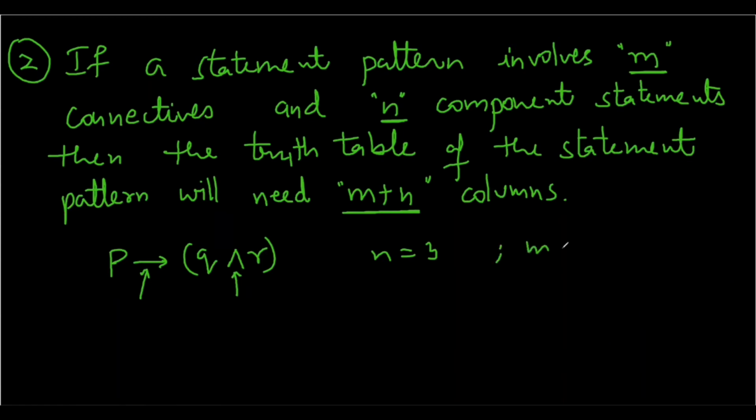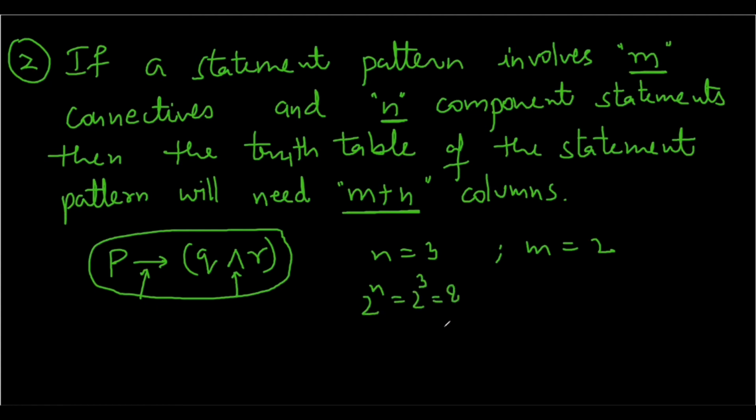So m equals 2. So this statement pattern, if I go for the truth table of this, will have 2 raised to n, that is 2 raised to 3, that is 8 rows, and m plus n, that is 3 plus 2, that is 5 columns. It will have 5 columns.